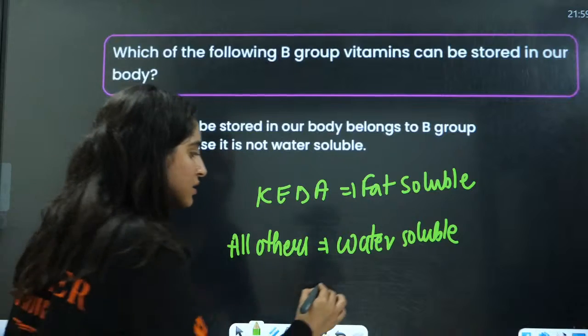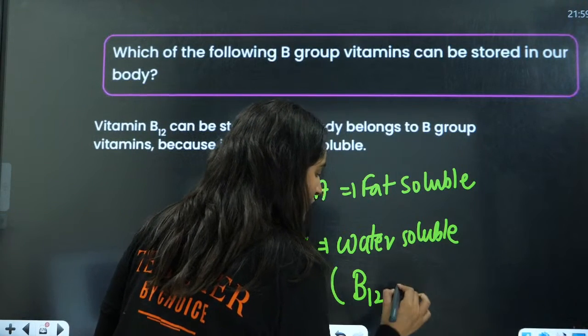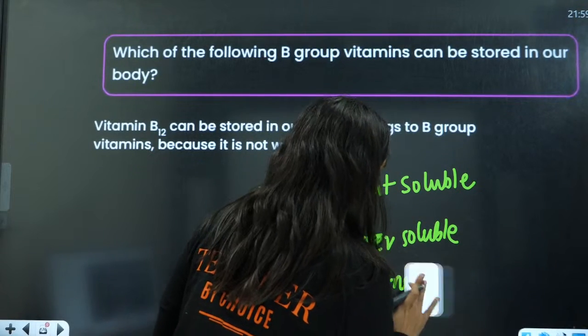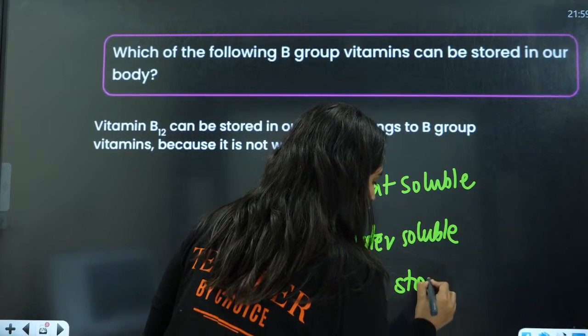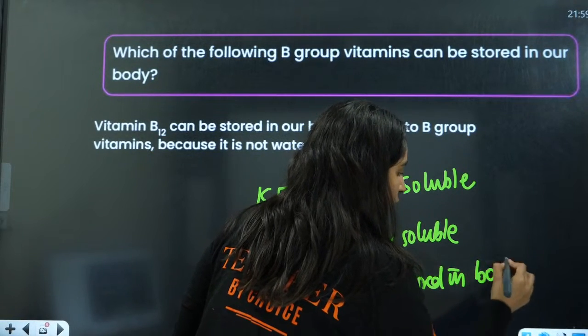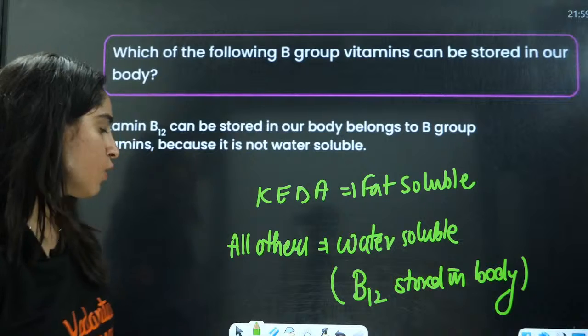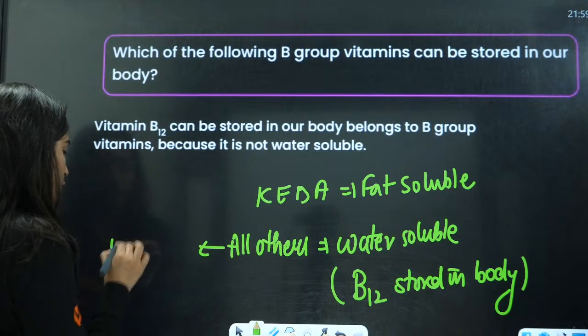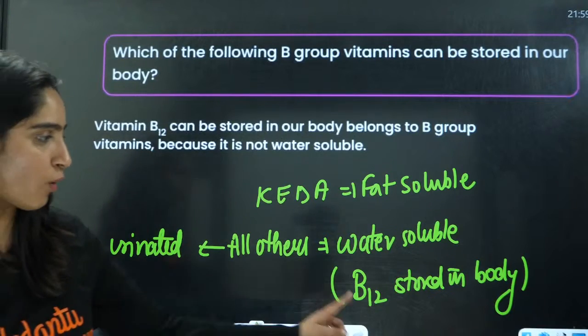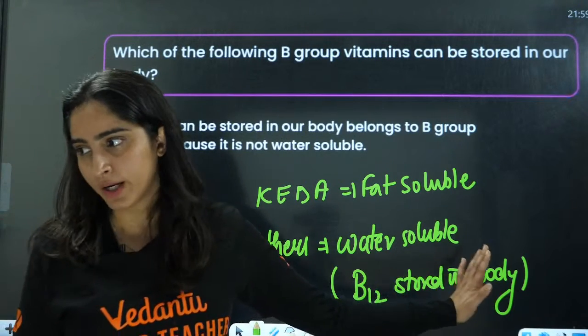But there is one, B12, that is not excreted out, that is stored in our body. Except for B12, all others are urinated out of the body, but this is stored in our body.